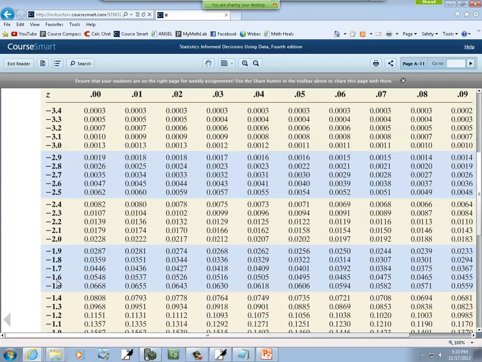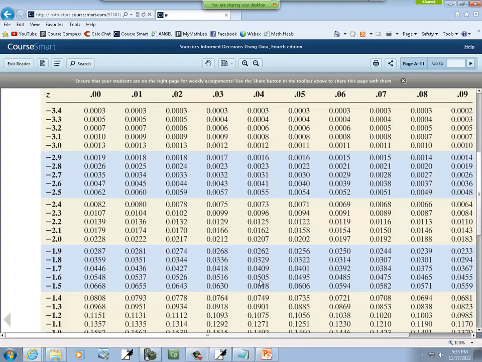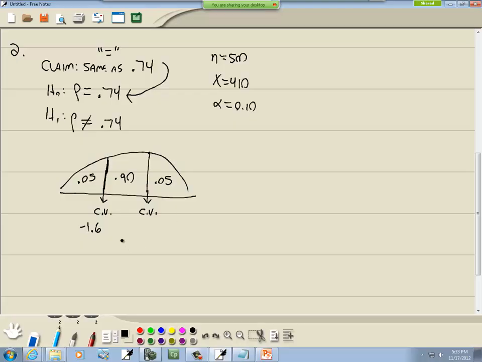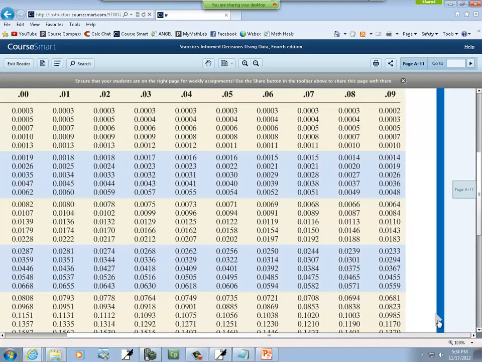So if I come over here, it's negative 1.6. Now to get our hundredths place, since it's halfway in between this one and this one, I go up, and it's 0.04 and 0.05, which would give me 4 or 5. Now for this one, I look up the area to the left, which is 0.05 plus 0.90, which gives me 0.95.